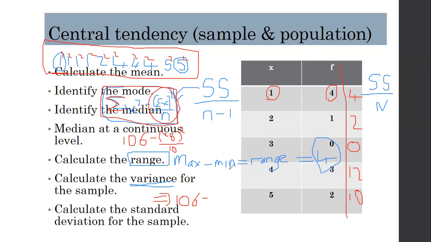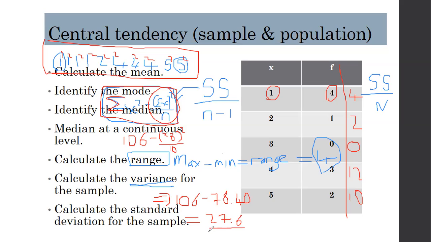The final answer I got was 27.6. Okay, let's do decimal places. I just got 4 decimal places. Okay, so it's fine. And the final answer is 27.6.